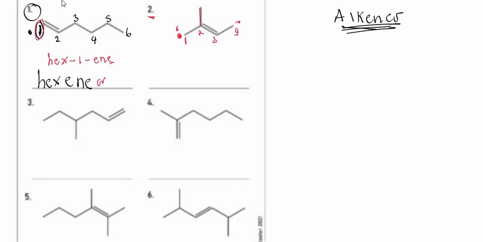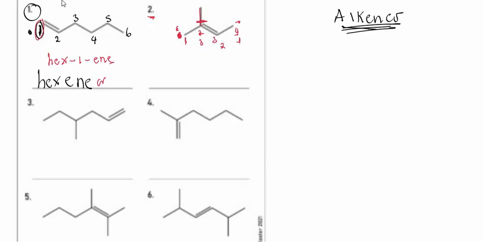Because the double bond is at 2, and the branch is also at 2, meaning it is okay. If I start counting from the other side, this would be 1, this my 2, this my 3, so my branch would be at 3, which increases the number of the branch. So the good part is that I start counting from this side so that both of them are at the same position.